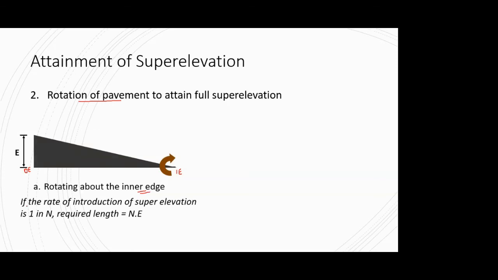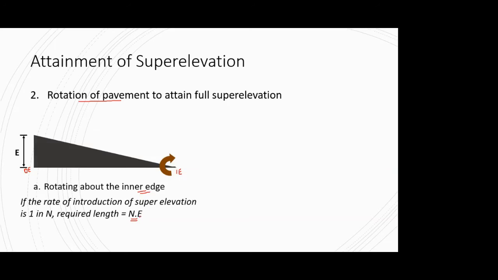And just a general statement I have written: if the rate of introduction of superelevation is 1 in N, then 1 in N is nothing but for one vertical unit of superelevation, I am providing N horizontal. So the length that will be required will be N times E, and this length will be equal to the length of the transition curve, or maybe less than the transition curve.